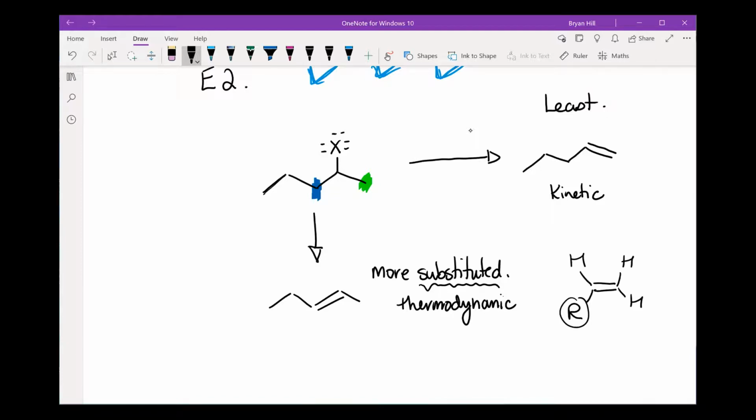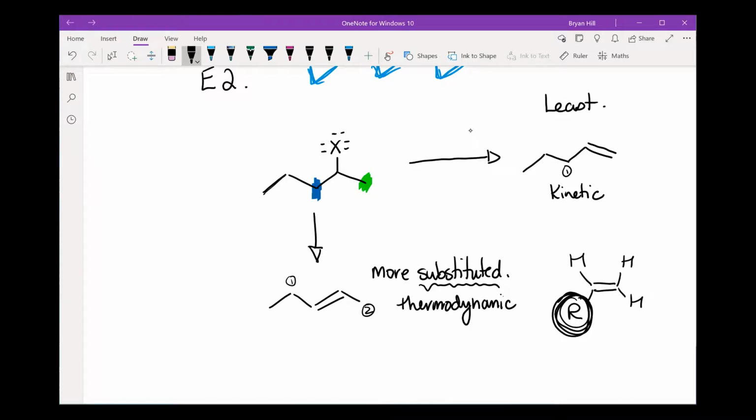It's anything but a proton, really. For what we're always doing, they're all going to be carbon atoms, but if you had a nitrogen or something like that, we would even call that a substituted product. But for the most part, it's just the greater the number of R groups. So in this case here, you've got 2 R groups, and over here we've only got 1.